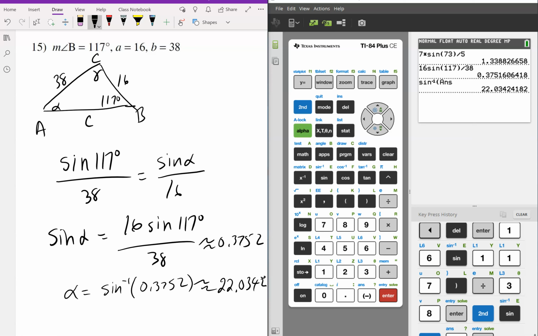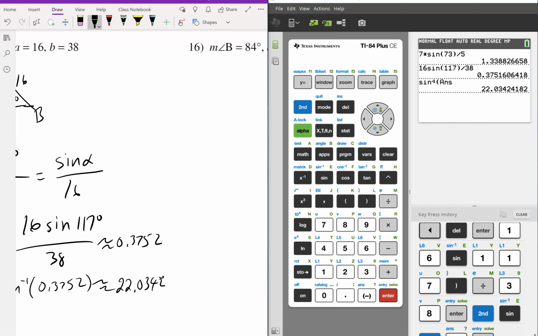If I do 180 minus 22, I'm going to get something that, when I add it to the 117, is going to be bigger than the 180 that a triangle could be. In particular, if I have a triangle and it has an obtuse angle, you can only have one obtuse angle, obtuse being greater than 90. You cannot have two angles that are greater than 90 in the same triangle because they would add up to greater than 180.